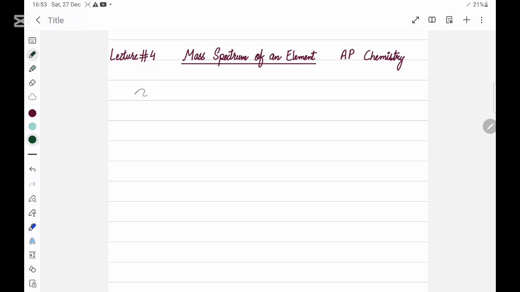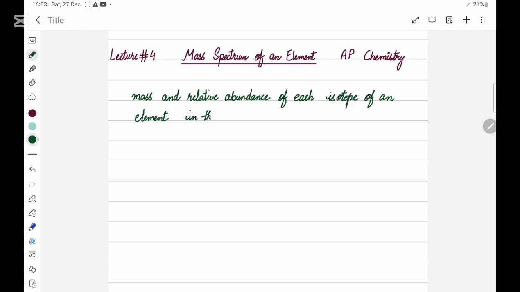It tells us about the mass and relative abundance of each isotope of an element which is present in the sample. And we can determine it with the mass spectrum.